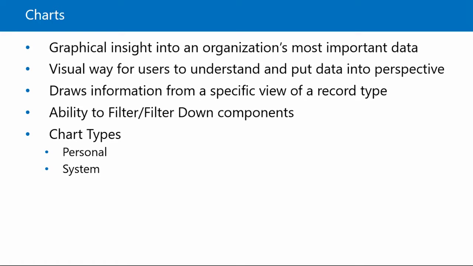They provide the ability to filter down various components from those records. In addition, there are two different chart types that are available within Microsoft Dynamics 365, System and Personal. Throughout the rest of the module, we'll take a look at both of them and how you can go in and manipulate existing system ones to create personal ones as necessary.